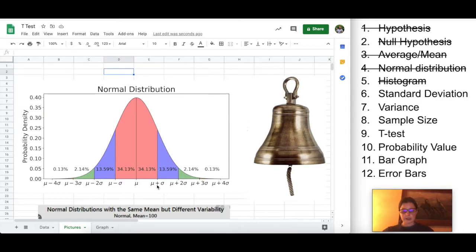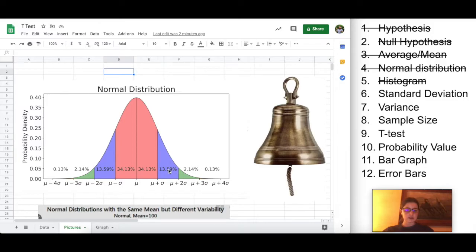If you decide to go up 2 standard deviations, so you take the mean plus 2 standard deviations and the mean minus 2 standard deviations, then that's going to represent 13.59 plus this, plus this, plus this, or collectively 98% of your data.